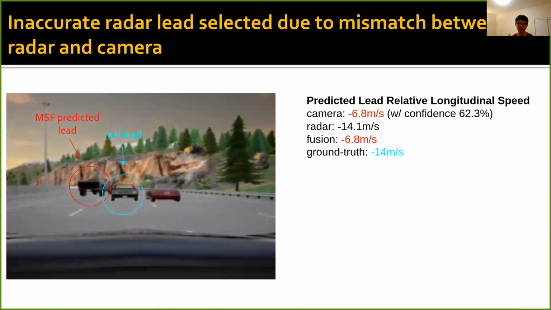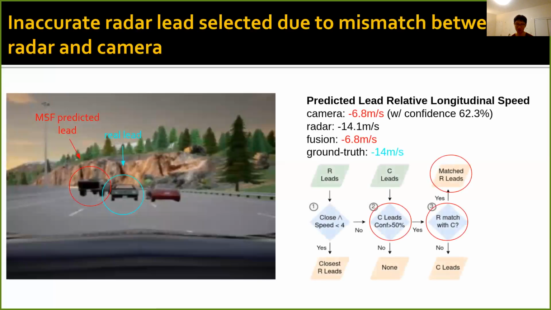For this one, we noticed that the Cybertruck on the left lane is considered the leading vehicle by the camera component. So the camera component underestimates the relative longitudinal speed between the ADAS and the leading vehicle. Although the radar provides the correct output, the ground truth, the fusion output seems to trust the camera.